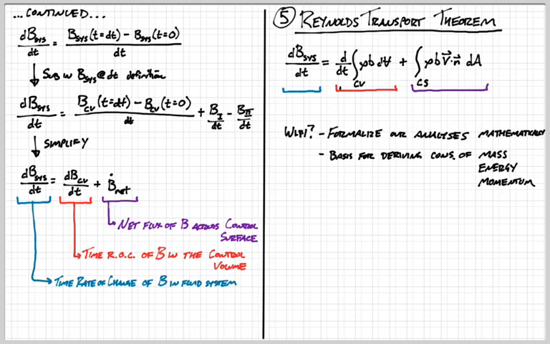Importantly, rather than arbitrarily showing these rules and suggesting that they must be true, we've gotten to Reynolds transport theorem, and so this is sort of like a safe stopping point for us. We're going to pause at Reynolds transport theorem, and then we can push forward from here and simplify out the equations to describe conservation of mass, energy, and momentum through the next couple of weeks of class.